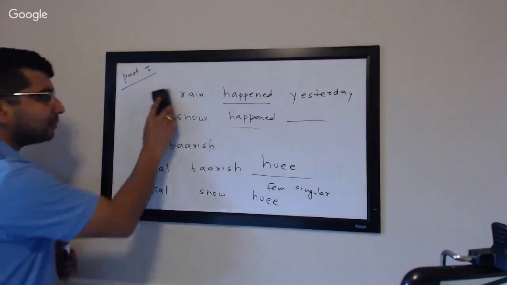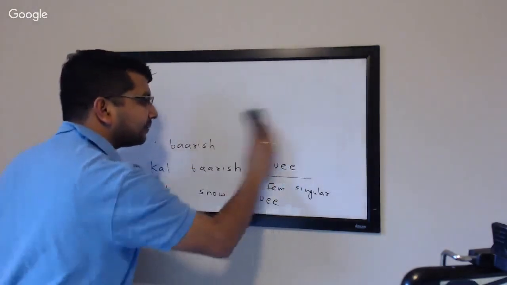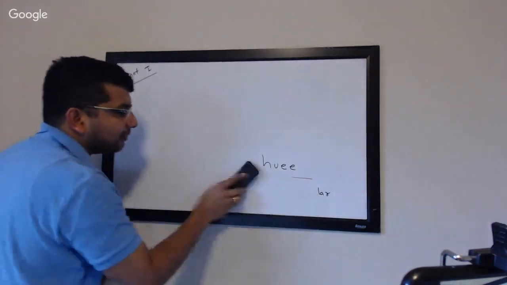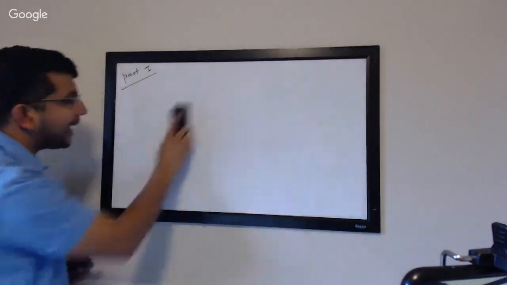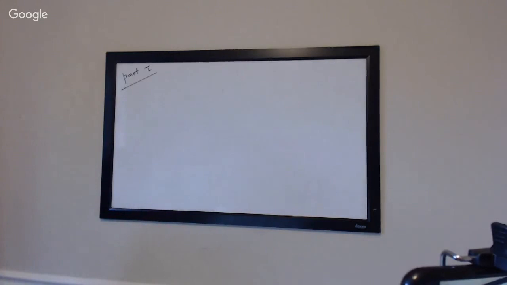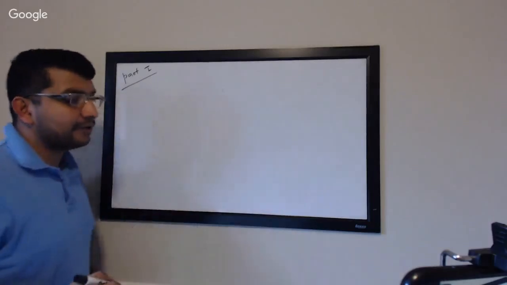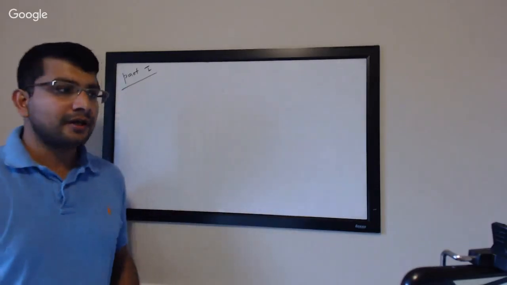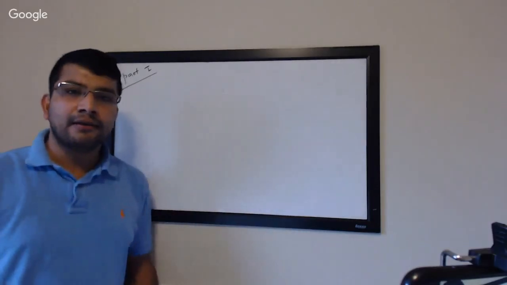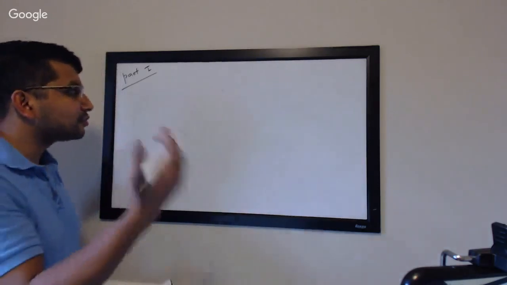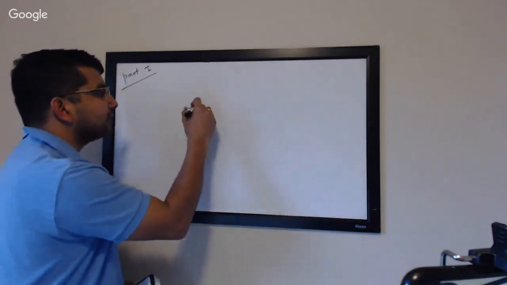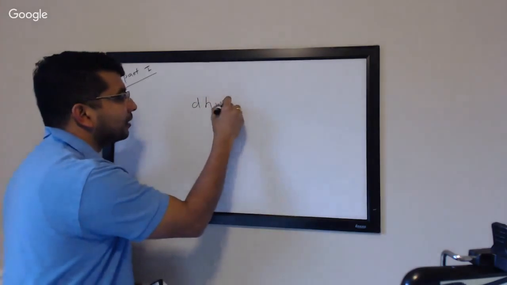So let's keep on building on top of it. We'll look at more examples of how, wherever there's a notion of happened, you will use the form of hua. Similarly, if there was smoke yesterday, for example there was a fire, and there was smoke all over, you'll say dhua hua.